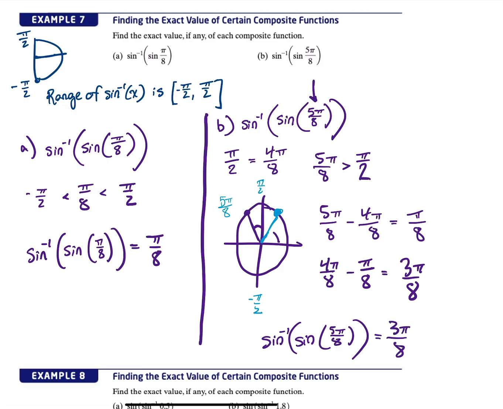So we're not able to just pull the angle out. We have to get something that has an equivalent sine value within our restricted range. So it's a little bit tricky. So if you see a statement like this where it's a trig function or the inverse of a trig function with the original trig function inside, before just taking what's inside, we have to make sure that we are in our restricted range.